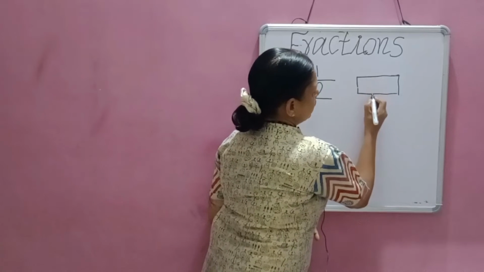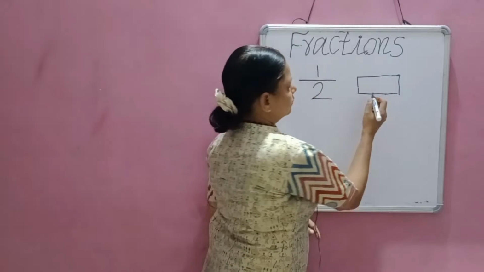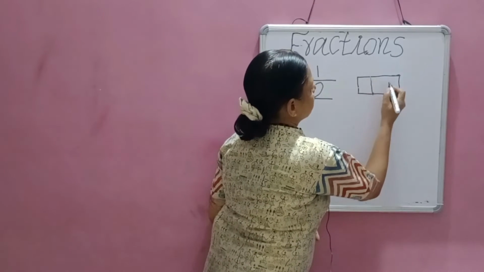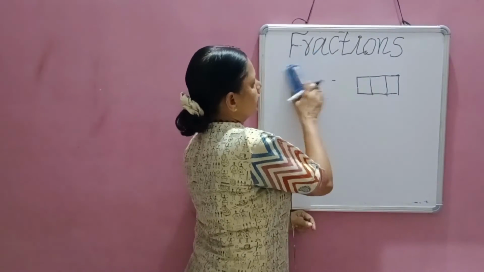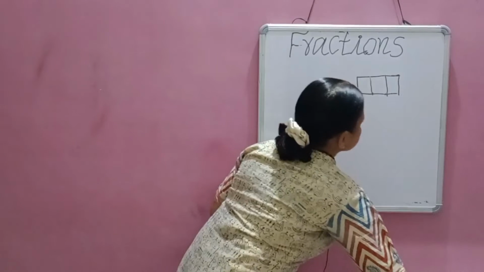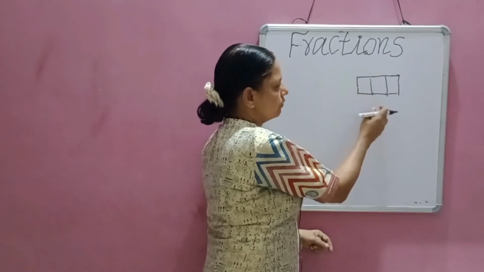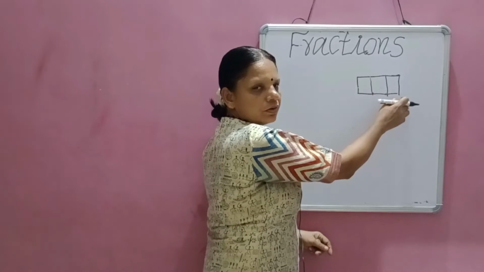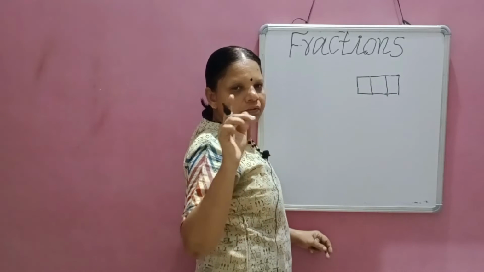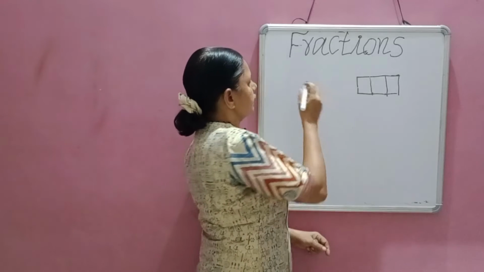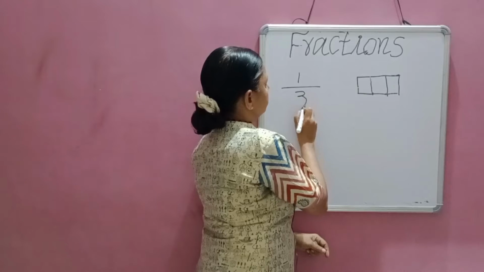Then each one will get how much? The full chocolate is divided into 3 equal parts. So one thing is divided into 3 equal parts. How to represent this? 1 upon 3.